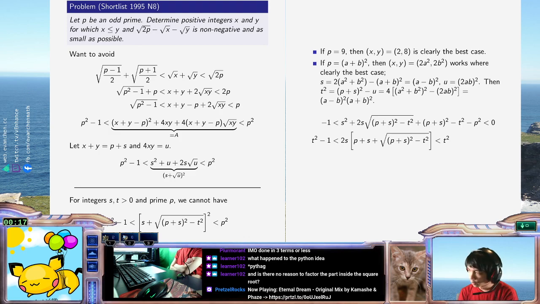Is there no reason to factor the part inside the square root? I guess we could. p plus s minus t, p plus s plus t.